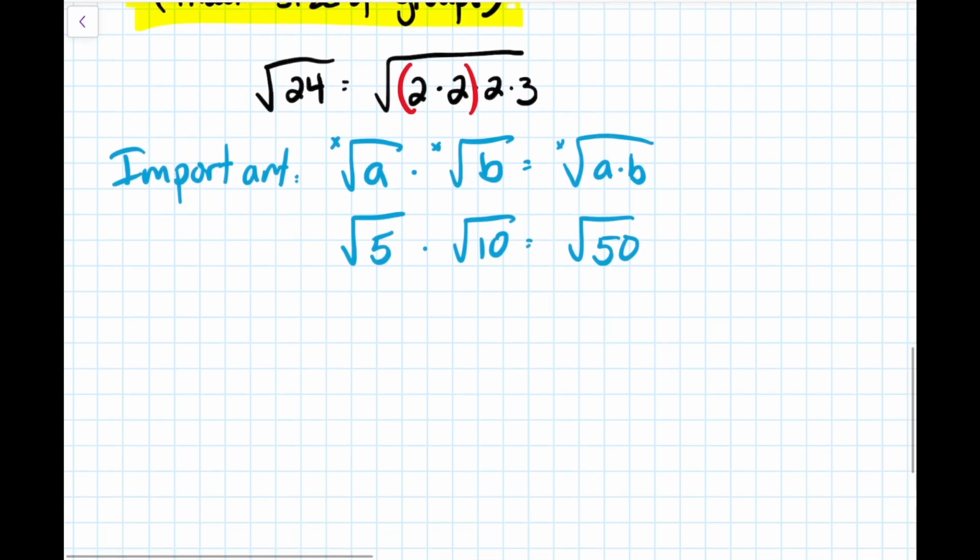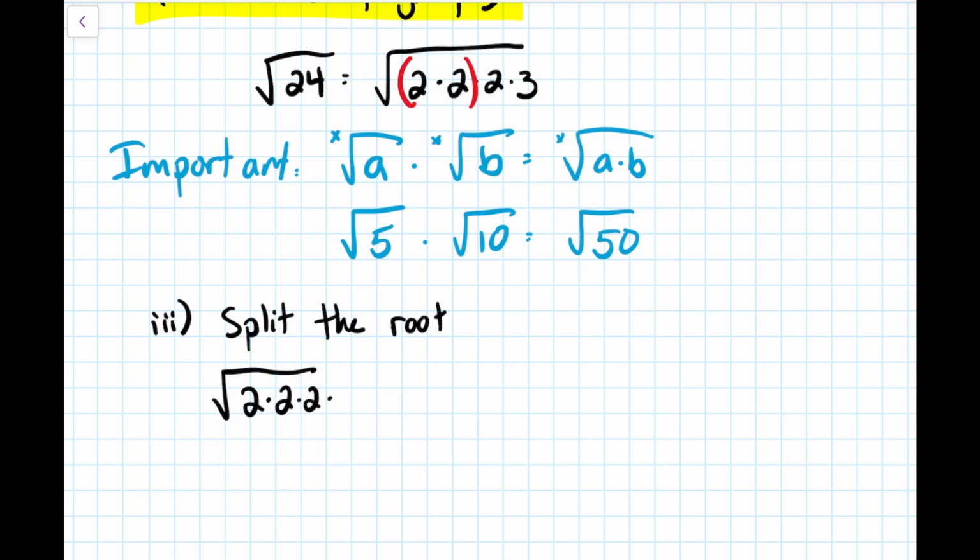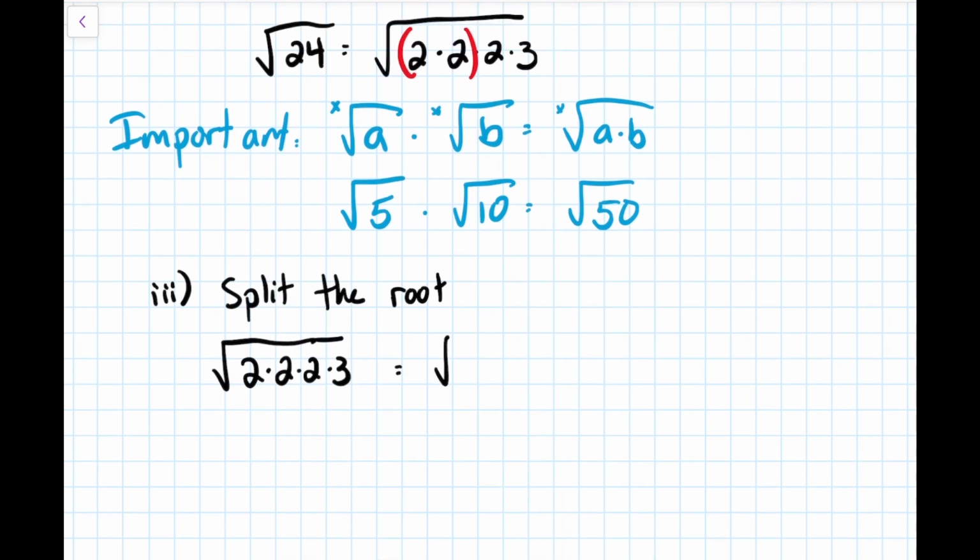We're going to take our root here, and I'm going to break this down probably more than I would actually do it myself when I was doing a question. And we're going to split that root up into 2 roots. So we've got root 2 times 2 times 2 times 3. And using that important thing in reverse, we're going to break this up into root 2 times 2 and root 2 times 3, because it's just a bunch of stuff being multiplied together.